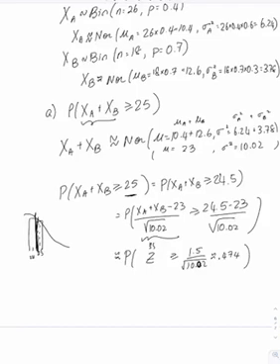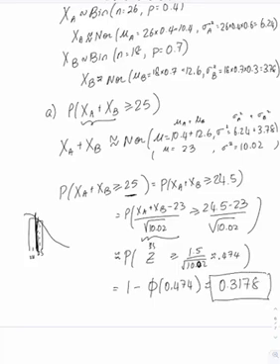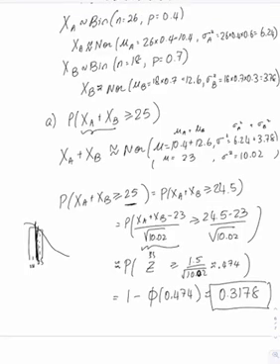So this is 1 minus phi of 0.474, and the answer is approximately 0.3178. It's much easier to do it this way. The other way, you'd probably need to make an Excel spreadsheet.